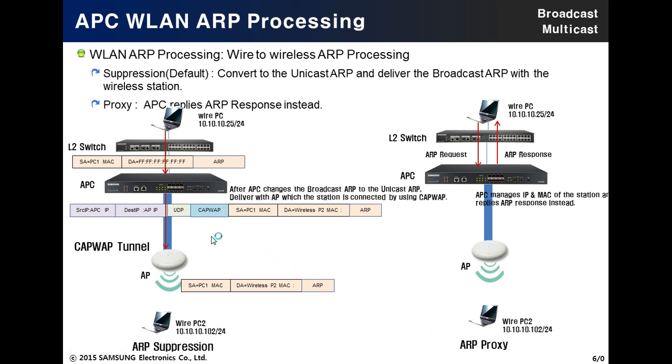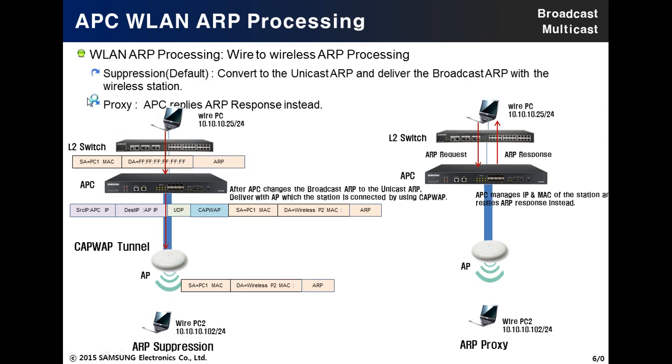So there are two different ways of ARP processing. One is what we call suppression, where we convert the unicast ARP and deliver the broadcast ARP to the wireless station. So you can see here the wired PC on a layer 2 switch sends a broadcast ARP to the controller, and the controller turns around and sends it to the wireless station over the RF network. So through the CAPWAP tunnel, it sends it to the AP, and then the AP actually sends it.